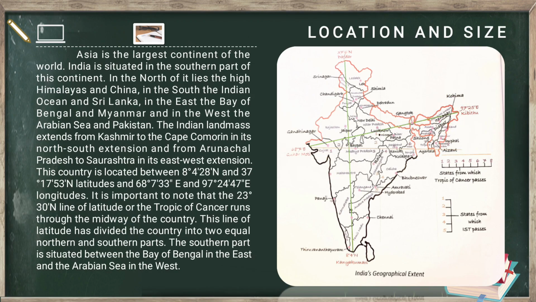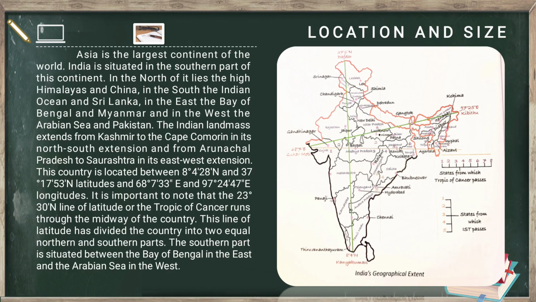Saurashtra is a district in Gujarat. So in the east-west extension we have from Arunachal Pradesh to Saurashtra.